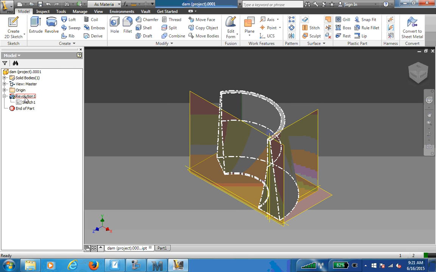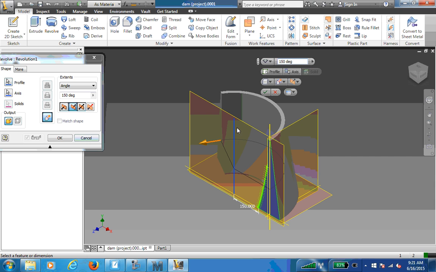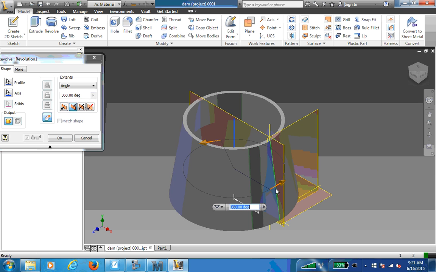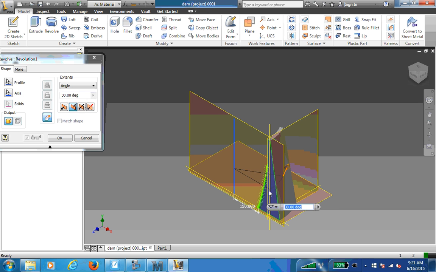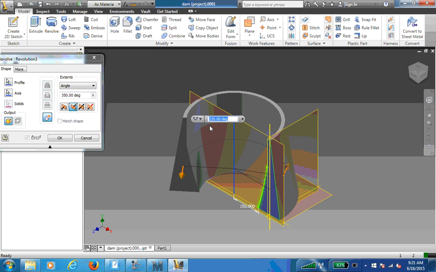Now, a project that we do in lab has us calculate the volume of a dam, and that dam comes from doing a revolution of a specific cross-section. If we take this cross-section here and rotate it around a certain axis, if we rotate it all the way around, it would look something like that.